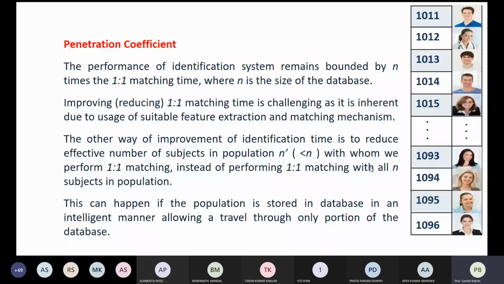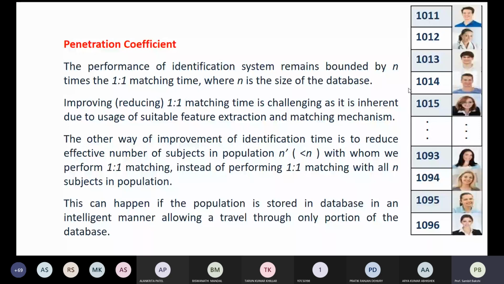Now, if you have these many subjects, with IDs given from 1011 to 1096, and you are running an identification system, what happens in identification? To know which one is best, you have to match your live query with all of them, isn't it? That means you need to check 100% of the database, and then only you can say, okay, my data matches with 1014 or my data matches with 1015, whatever.